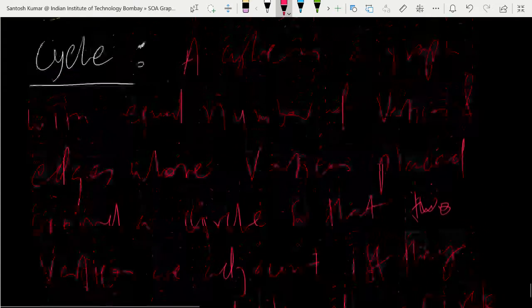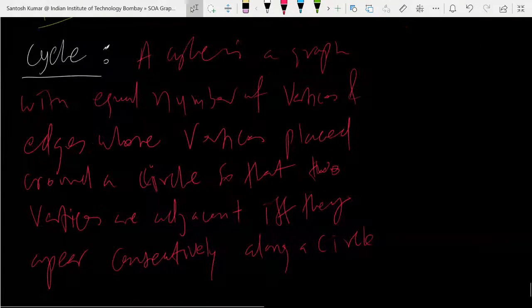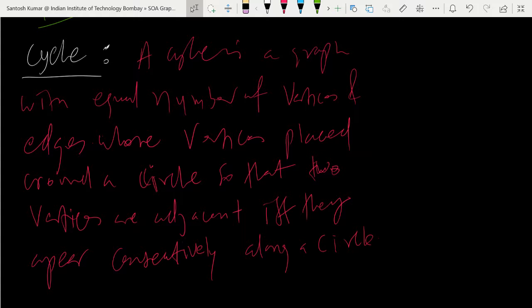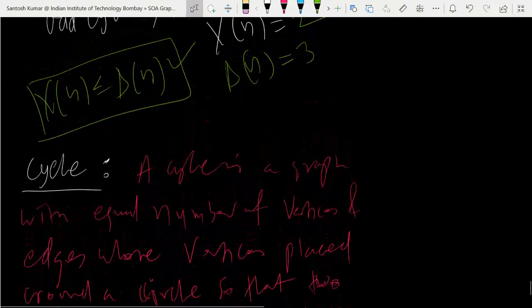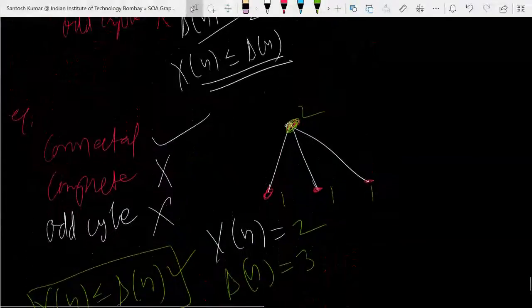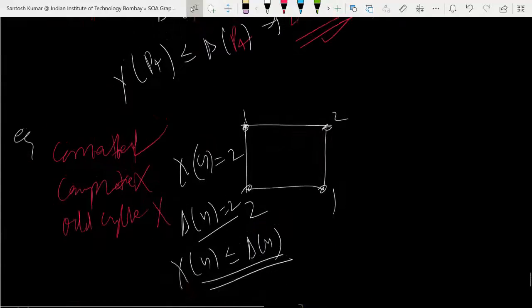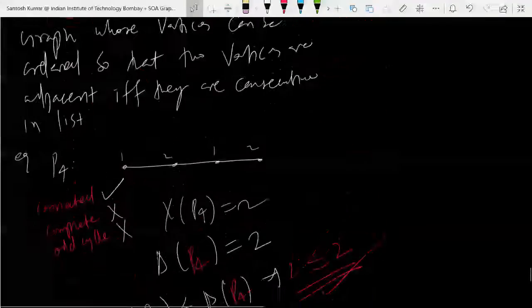Okay, so this definition I found in a book. So a cycle is a graph with an equal number of vertices and edges whose vertices are placed around a circle so that two vertices are adjacent if and only if they appear consecutively along a circle. So they are consecutive. It is a closed path, you can say something like this.